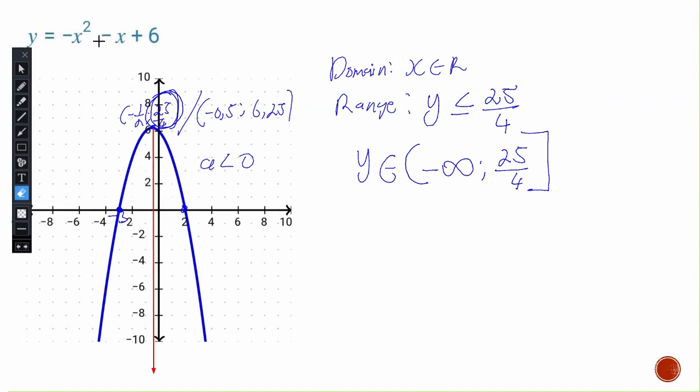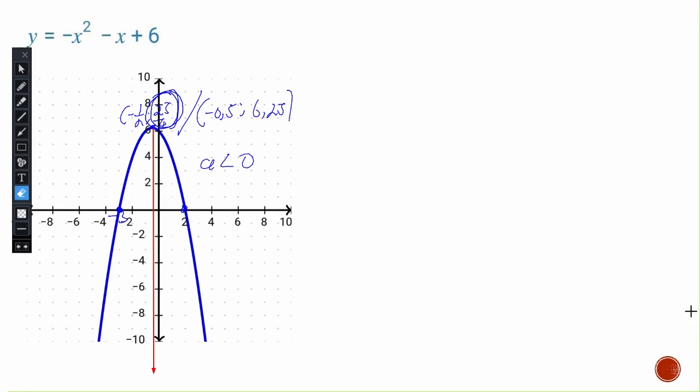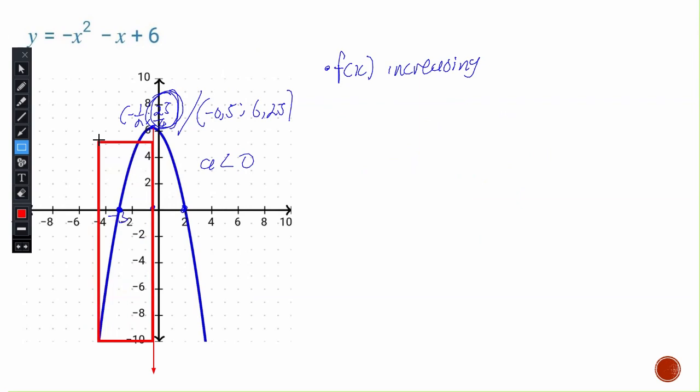Okay, so nice. And then questions on this: where is your f of x increasing? So for f of x increasing, we look at the axis of symmetry. We can see that it is actually increasing before the axis of symmetry. So we need to say it is increasing when x is less than negative 1 over 2, right?